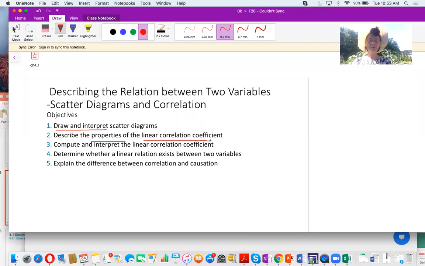And I will give you the formula to calculate linear correlation coefficient and explain the interpretations. And we'll discuss whether a linear relation exists between two variables. Finally, we will explain the difference between correlation and causation.